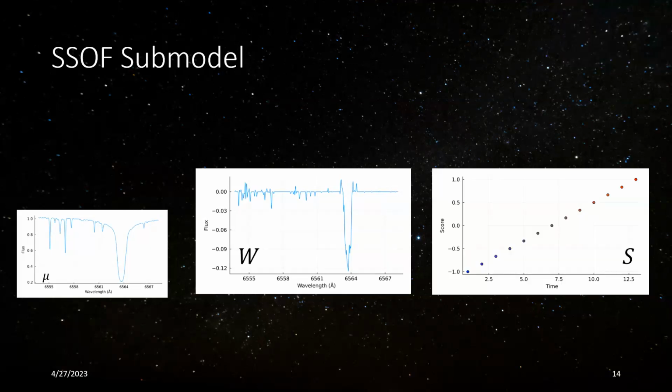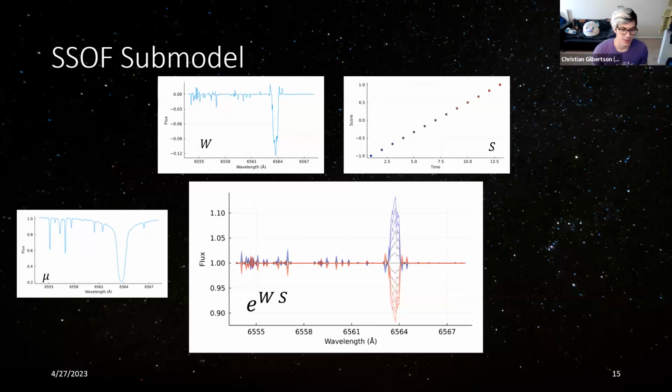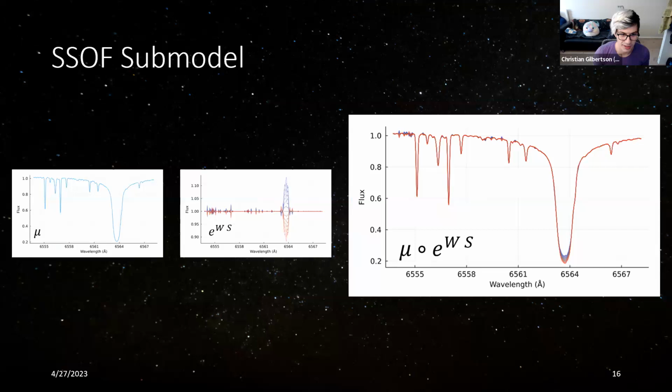In this example, the feature vectors are multiplied by these scores S, which control how much the spectrum should vary, which creates a linear model in log space. In this case, the scores are causing the line to get deeper over time. These feature vectors and scores are multiplied together into this linear model, and then exponentiated to get how the template should be modified.